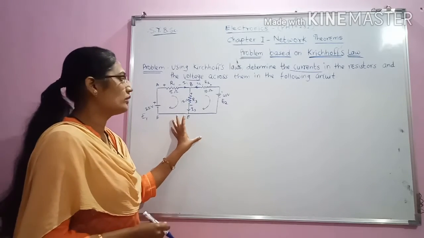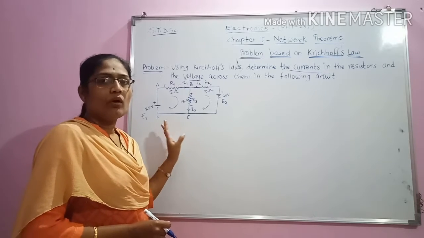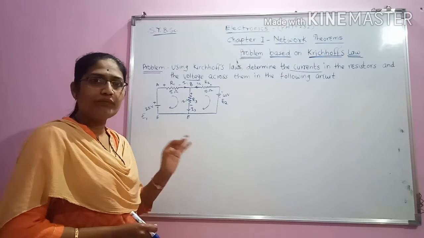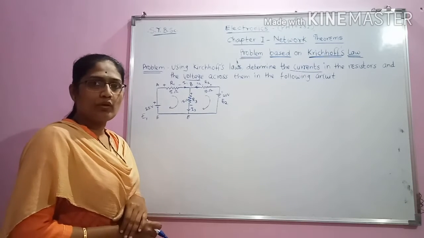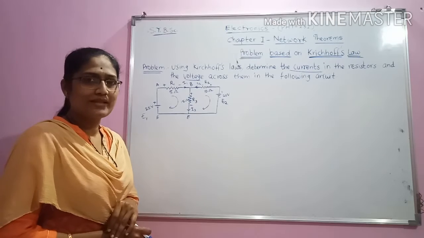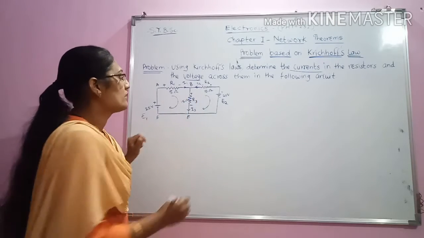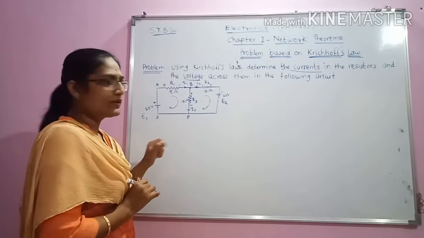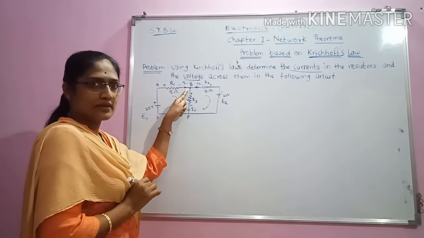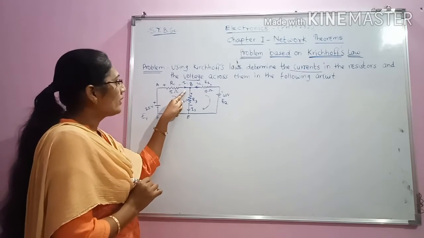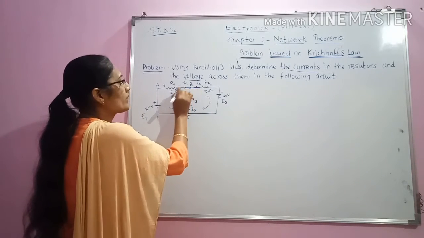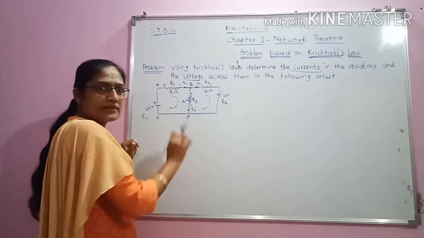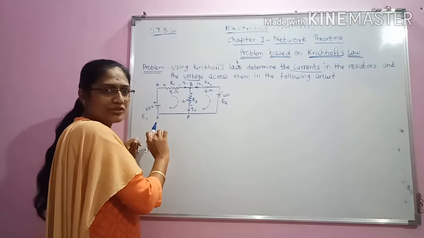In order to solve this problem, we have to revise the voltage law and current law of Kirchhoff. What is Kirchhoff's current law? According to Kirchhoff's current law, if this is a junction in a circuit, then the current coming towards the junction is equal to the current going out of the junction.